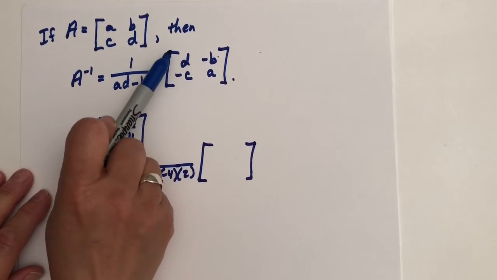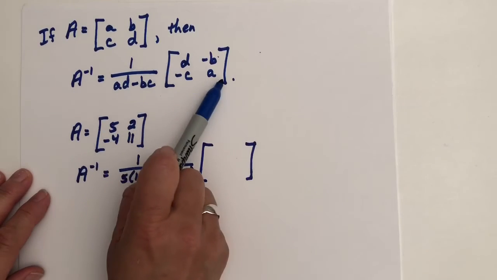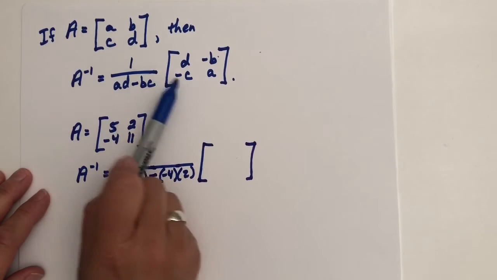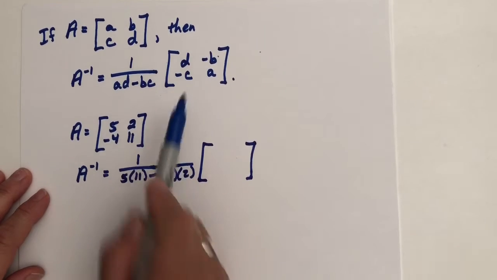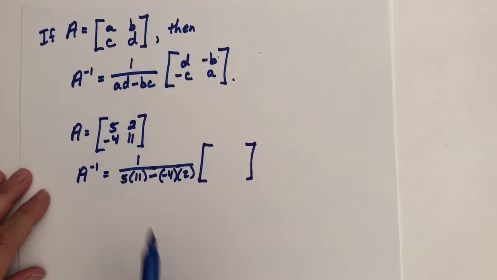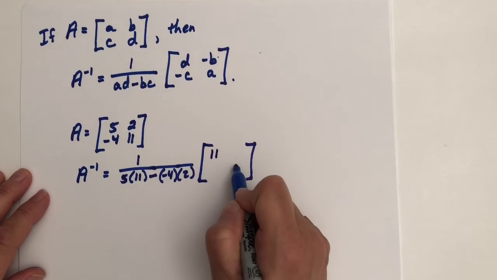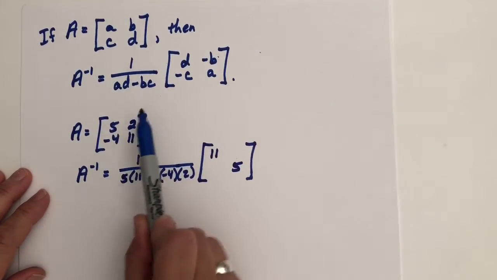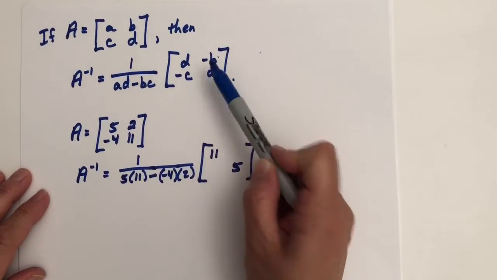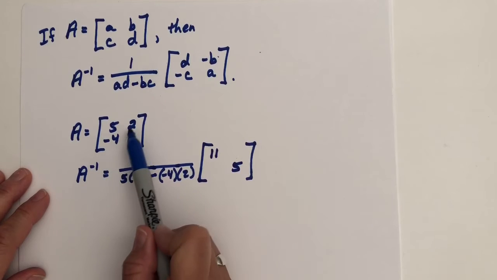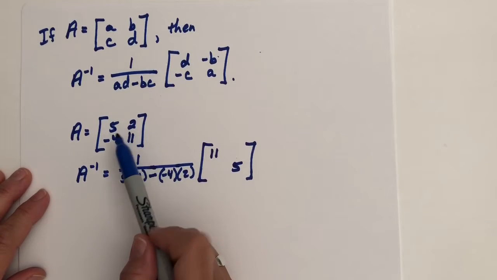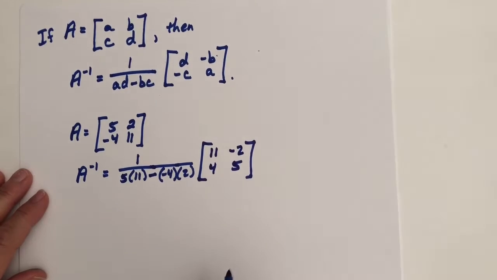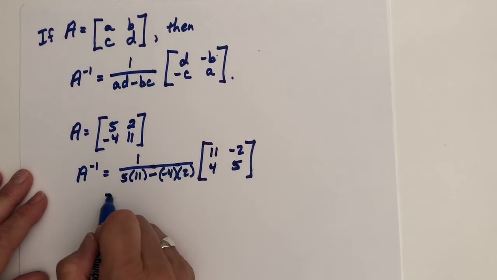Notice on the main diagonal, that's from upper left to lower right, we switch those entries. A and D get switched and become D and A. So 5 and 11 switch, and we have 11 and 5. And in the other diagonal, we just change the signs. So -4 and 2 will become 4 and -2. And let's do the arithmetic.